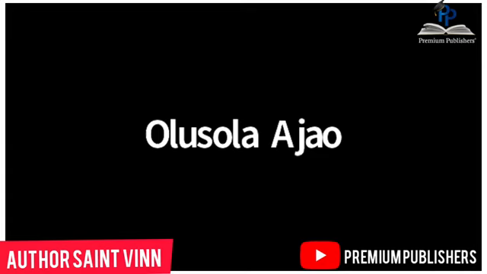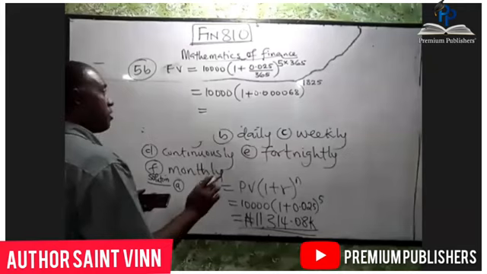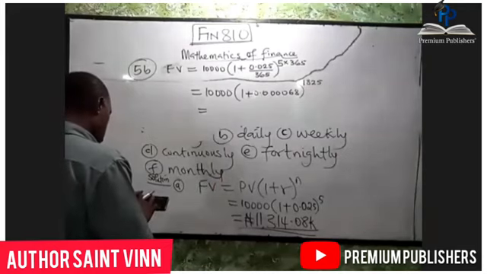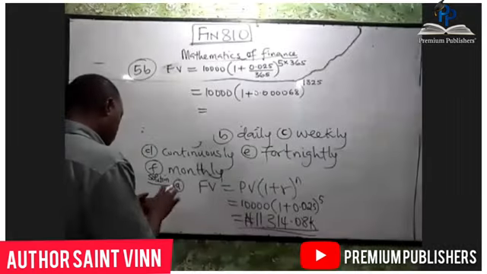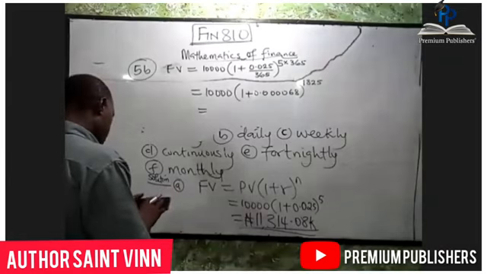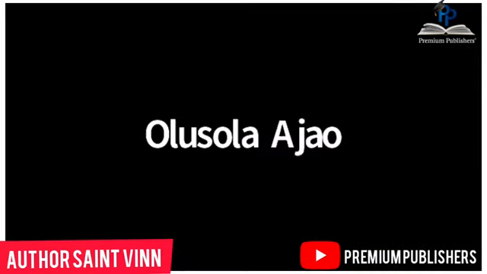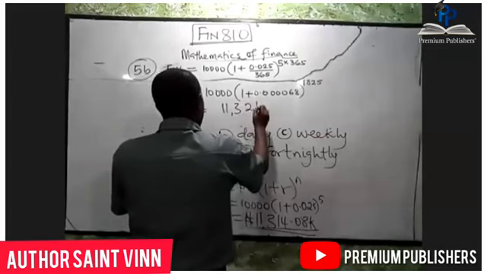It's going to be this, raised to the power of 1,825, times 10,000. So we have 11,000 and something.